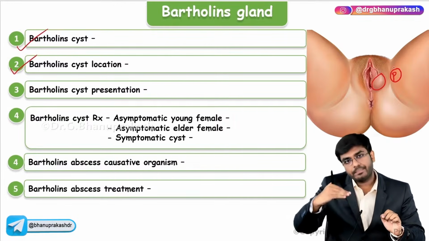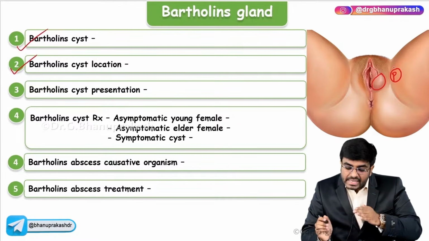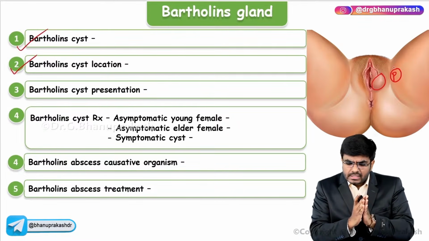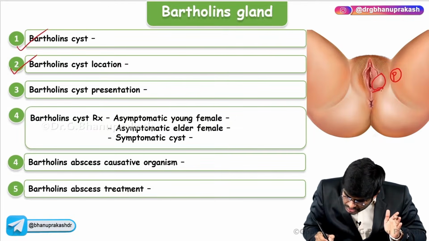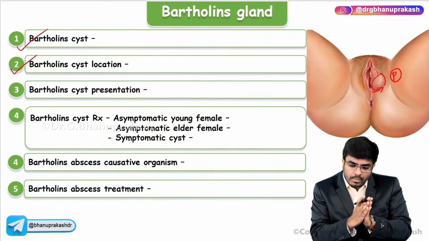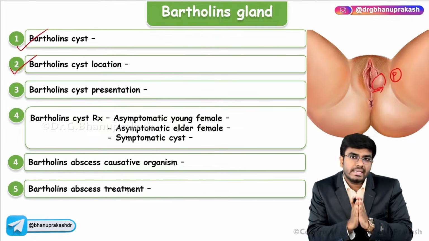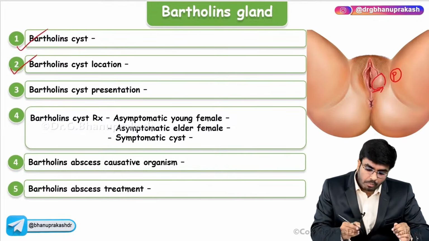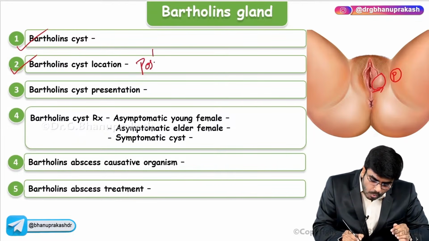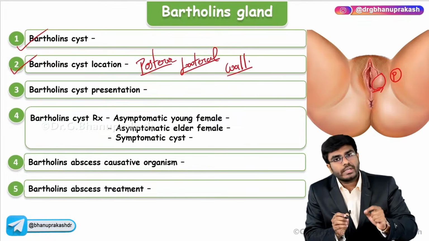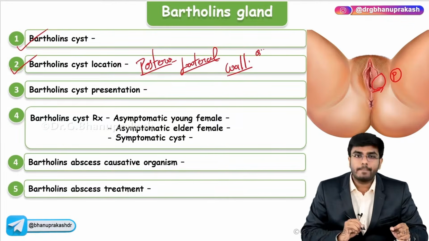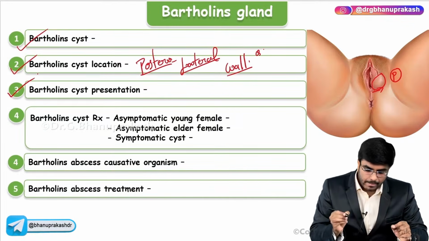Is it located laterally or not? It's more lateral, not medial. So the location of Bartholin cyst is the posterolateral wall. In which wall of the vagina does this Bartholin cyst occur? The posterolateral wall.